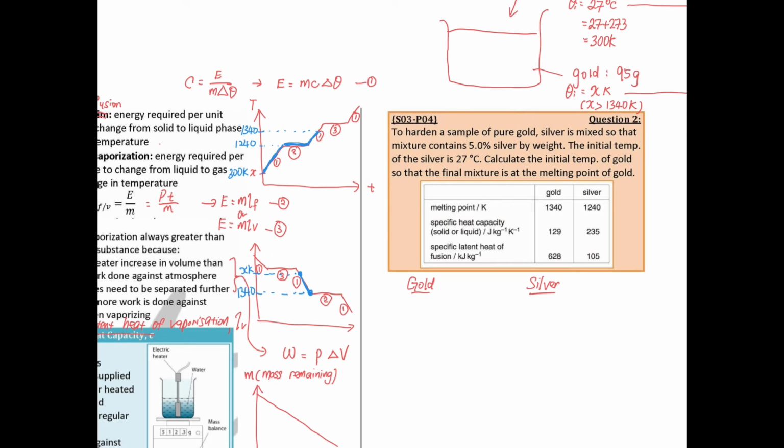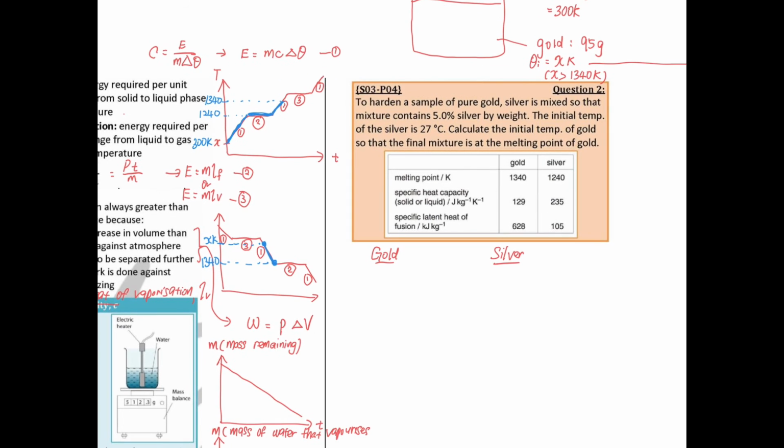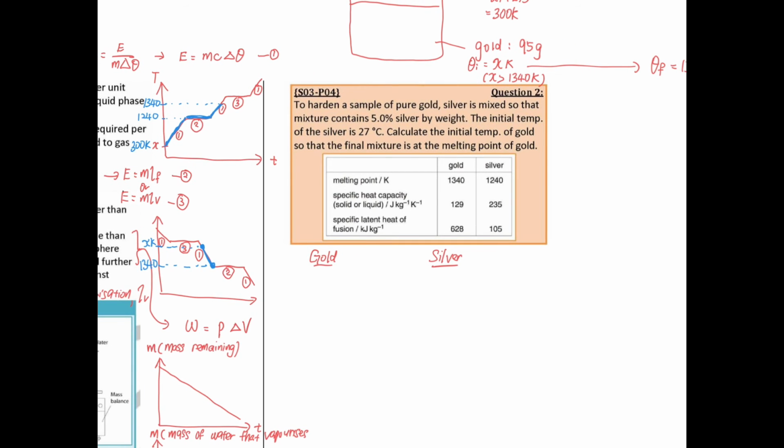Okay, so the main concept here is the heat is released by gold liquid to heat up the silver solid.